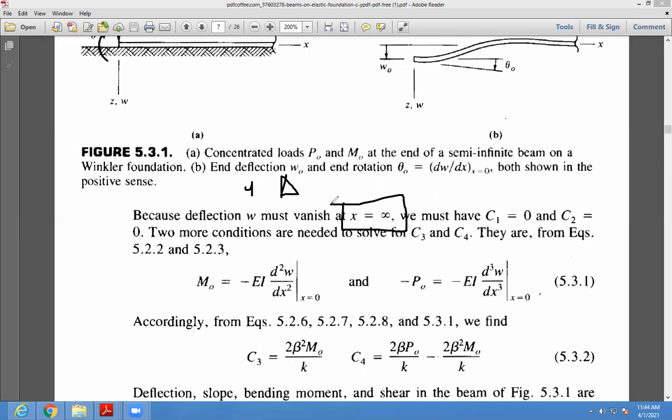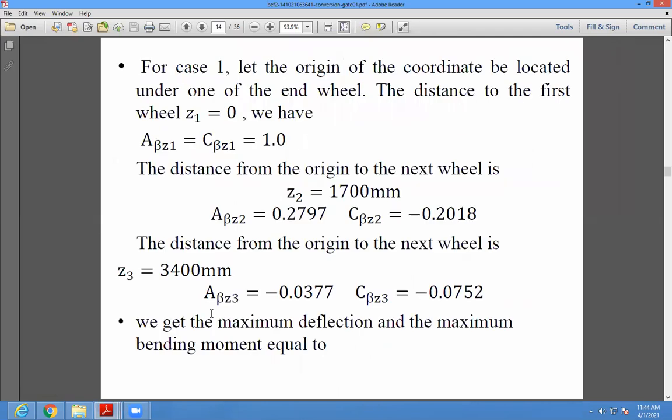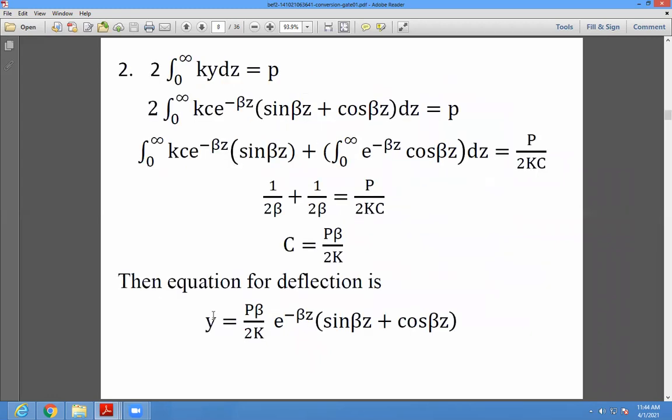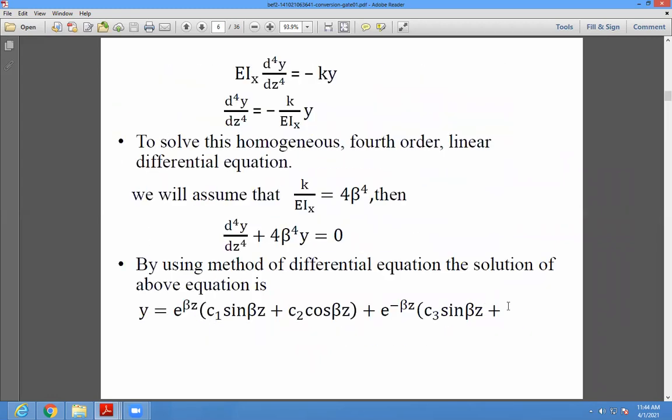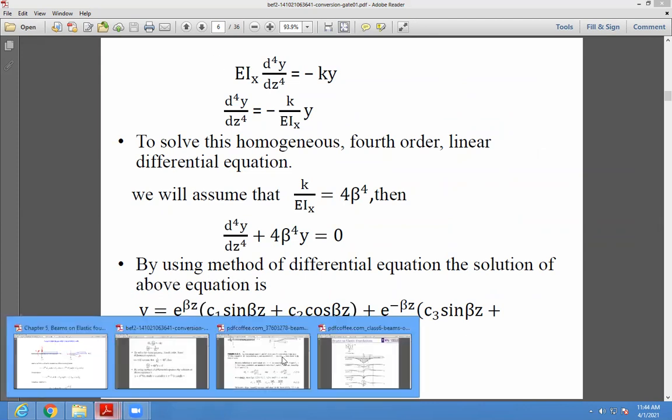So as per the equation of the deflection that we have seen in the last lecture, we derived the equation of deflection y in terms of C1, C2, C3, C4 with sine, cos, e raised to beta x plus or e raised to beta x minus, depending upon this equation of y, w or delta.